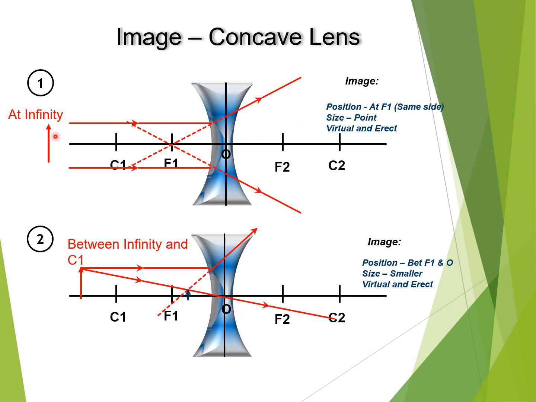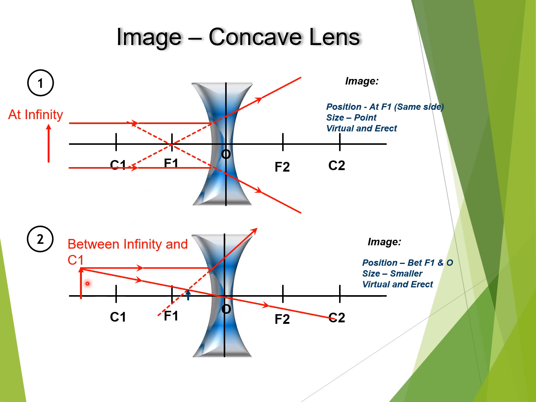So if an object is placed at infinity in front of a concave lens, then the position shall be at F1, same side. Then size of course shall be point only as in the case of convex lens, and the nature will be virtual and erect. There it was real and inverted. Here it is virtual and erect.